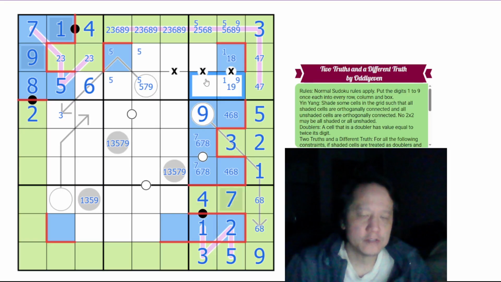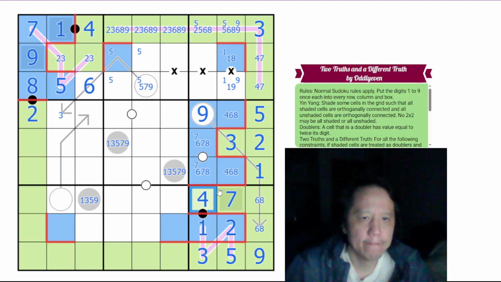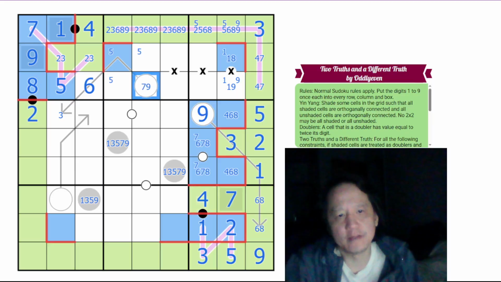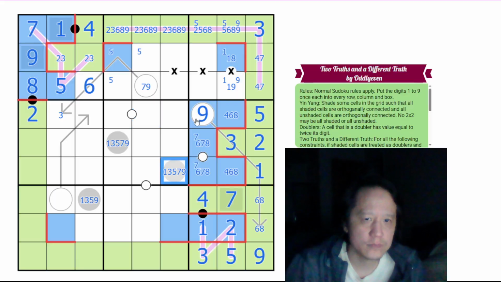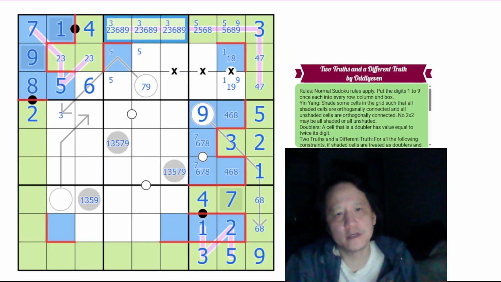One of these is going to be green. We don't know which. This can't be 5 anymore, because of the 5 in the row. This 3 eliminates 3 here.